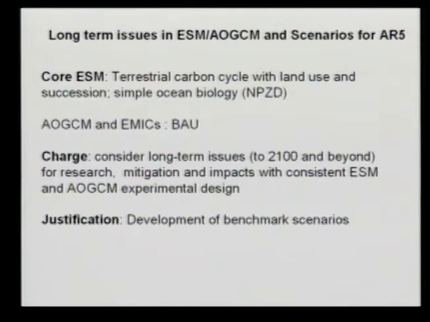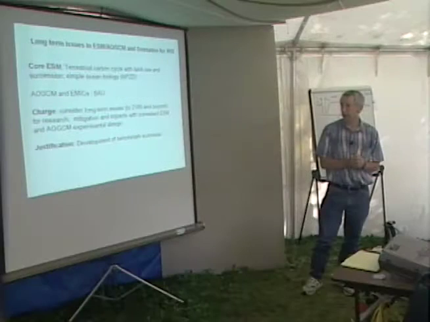So we were charged with the long-term issues in setting up ESM and AOGCM runs and scenarios for the fifth assessment. What we settled on was the idea we had talked about before, a core or common activity and then research, and we're focused only on the common and core activity.